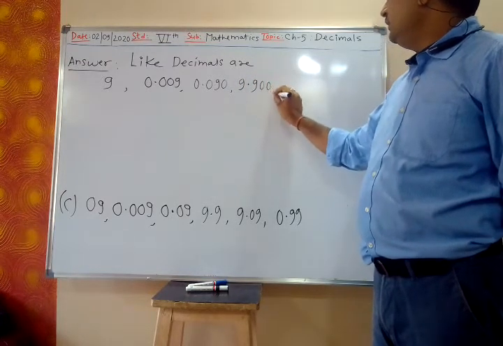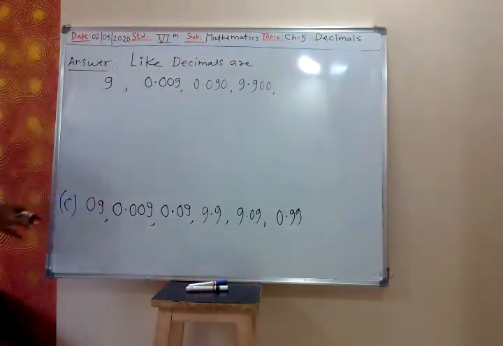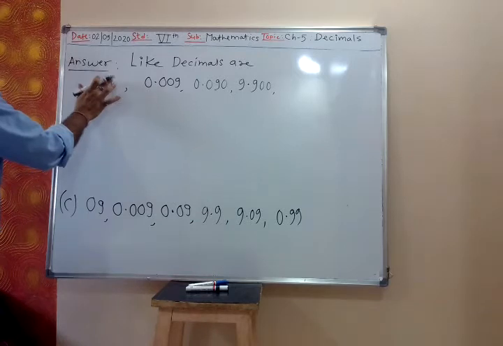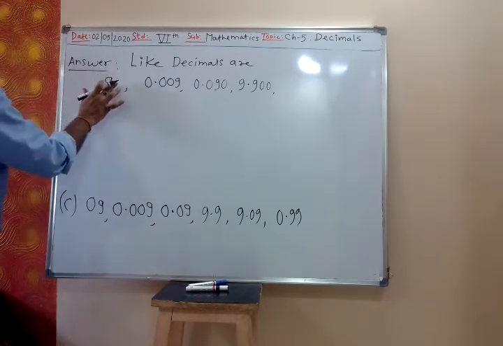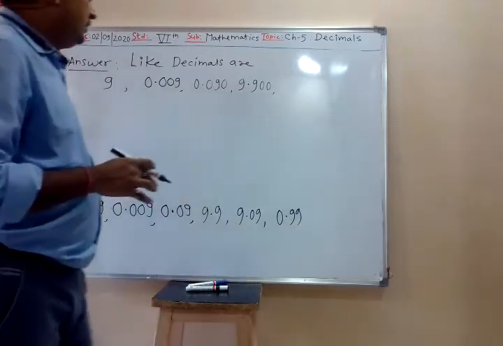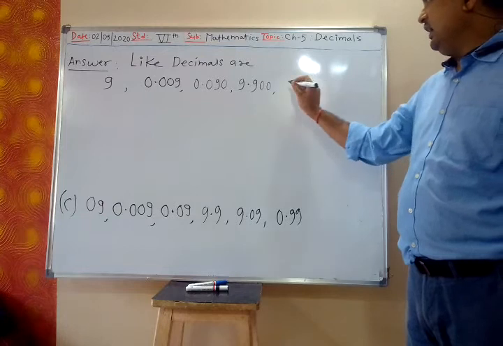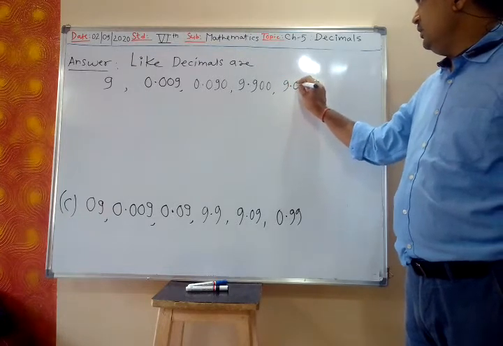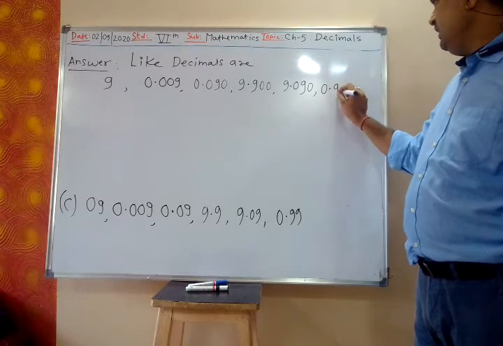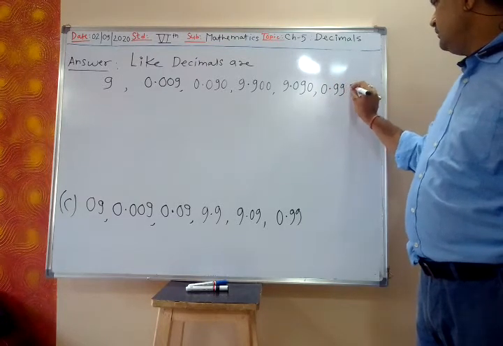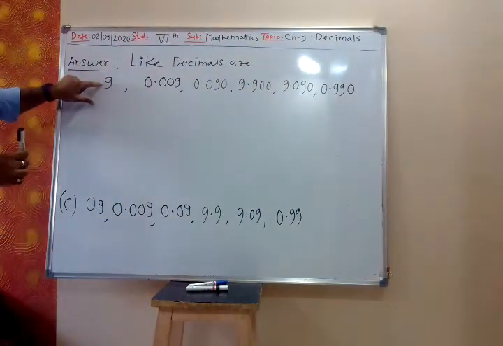Then 9.900. Now see here, this 9 has no decimal.